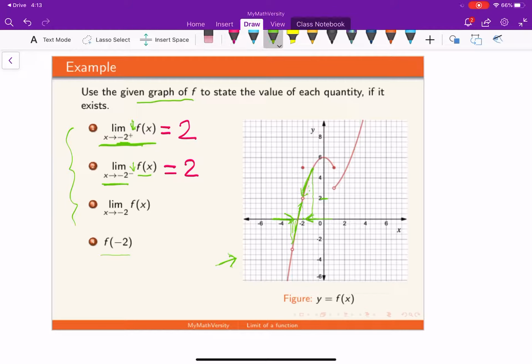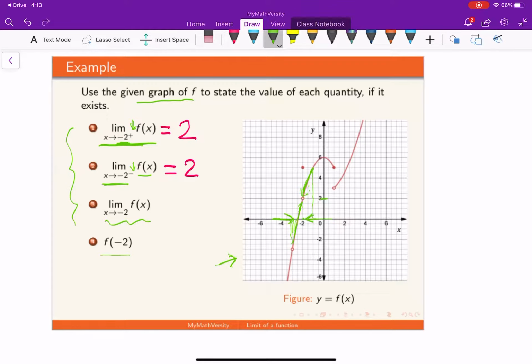Now our goal is to find the limit of the function as x gets closer and closer to -2. By definition, if we need to find the limit of the function at some location, say at x equal to -2, we go closer and closer to -2 from the left and from the right on the x-axis, and see how the y value behaves.